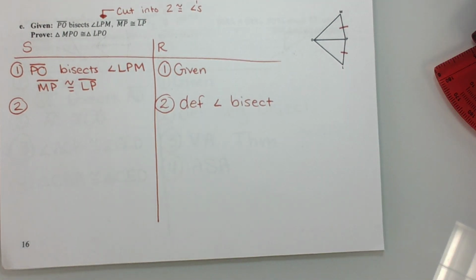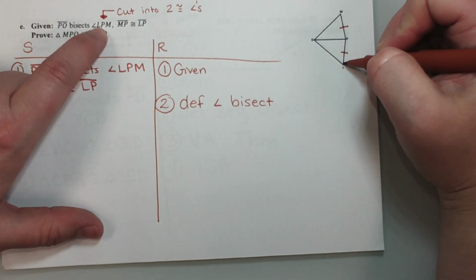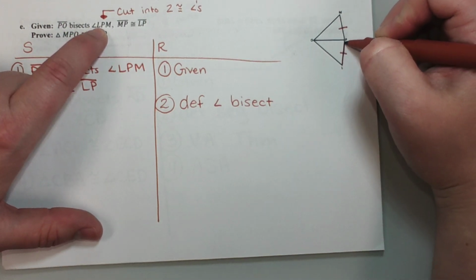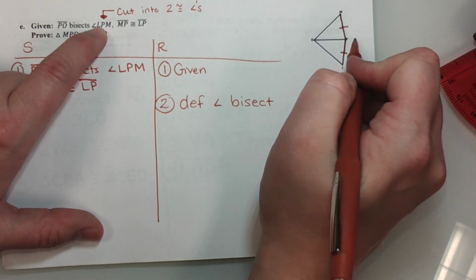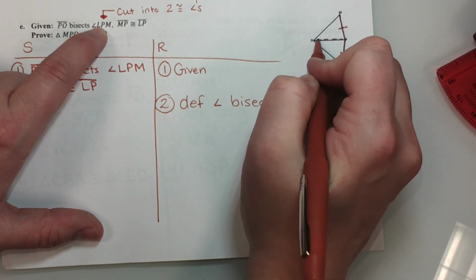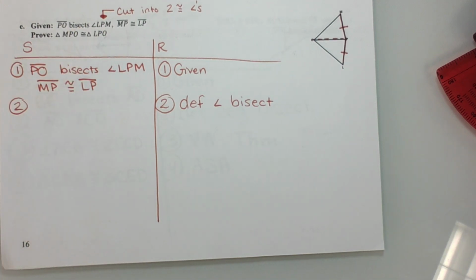So using the definition of angle bisect. Now it's angle LPM that got bisected. You've noticed that I tend to darken them in, and it got bisected by PO. In other words, this is the knife coming through. When I take an angle like this and throw something smack dab through the middle of it, it creates two smaller angles right next to one another.